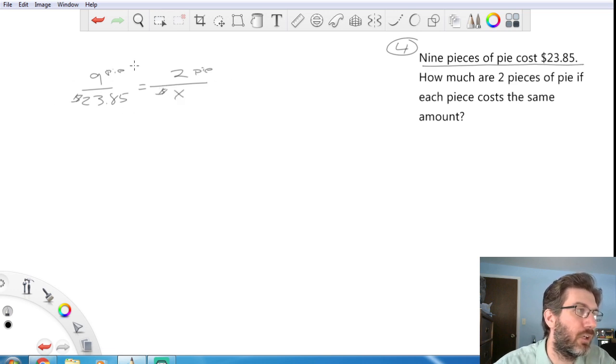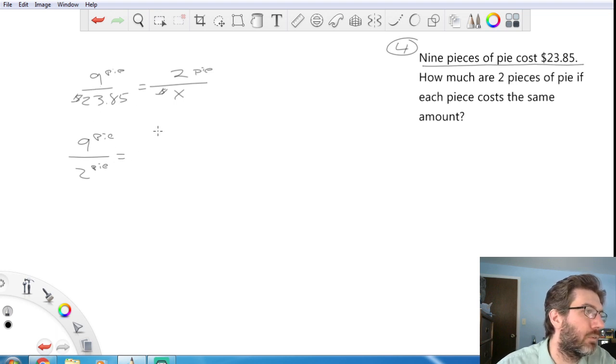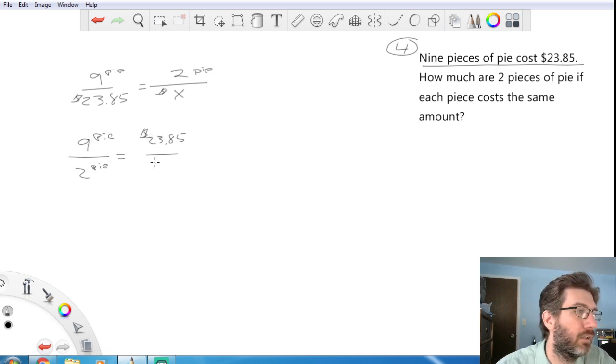You could have also set it up differently. You could have done pies on one side, a ratio of pie to pie, which is equal to the ratio of money, which is $23.85, because 9 pieces cost $23.85, and x would be there.